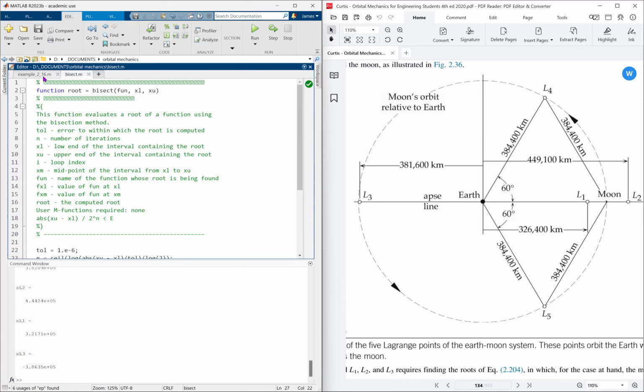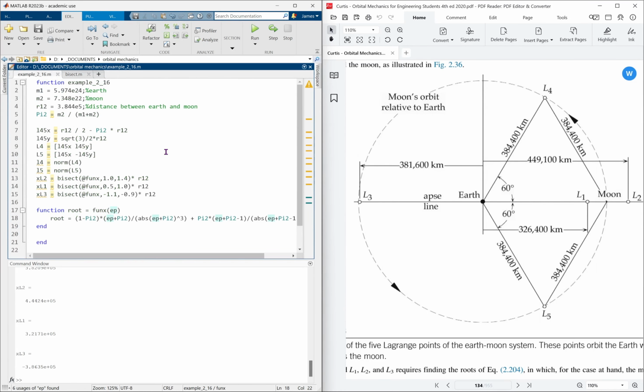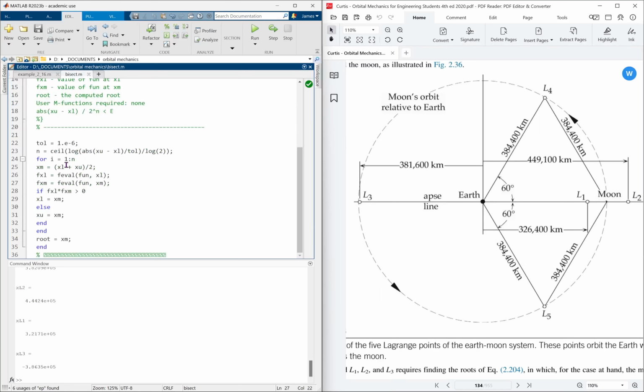And that's it. That's the bisection method there. And that does it for n times.